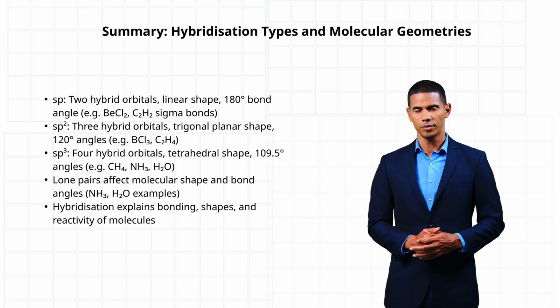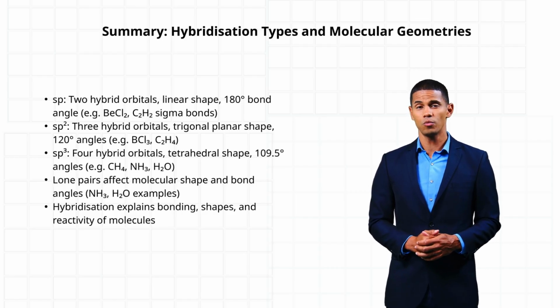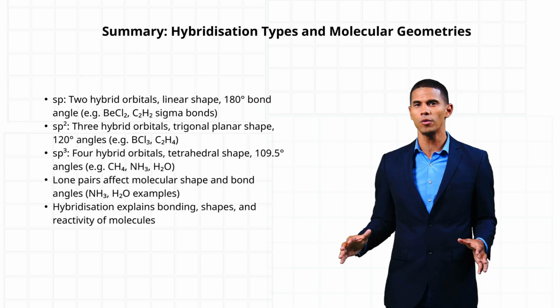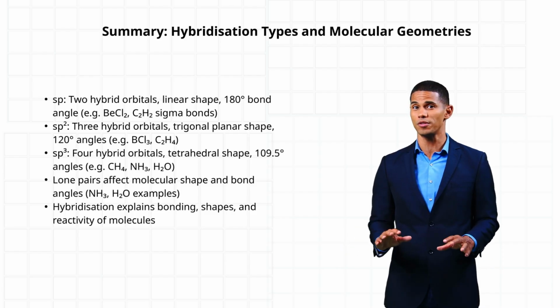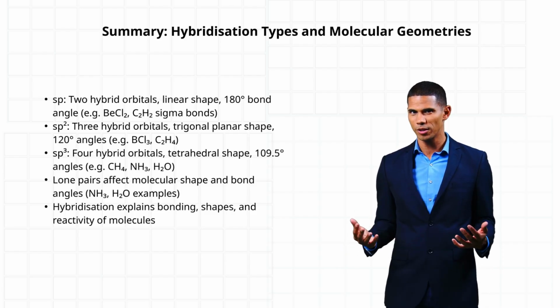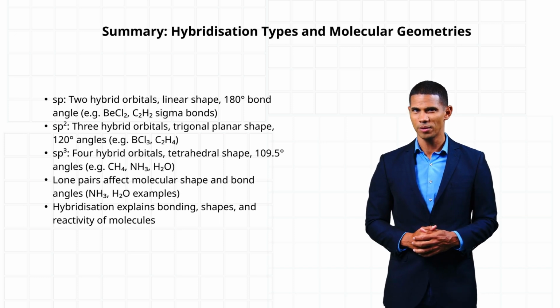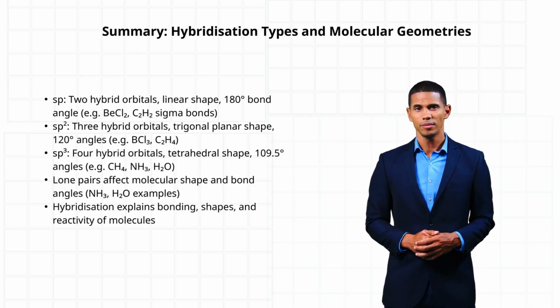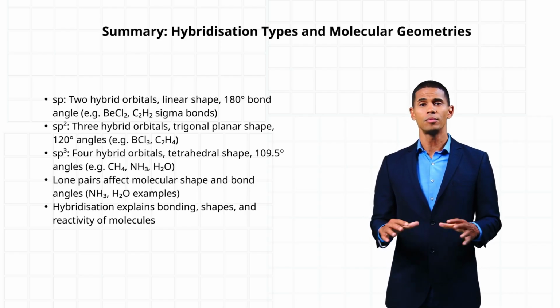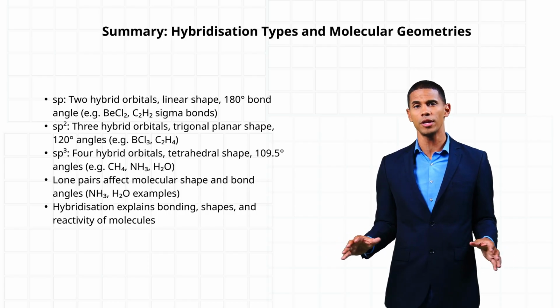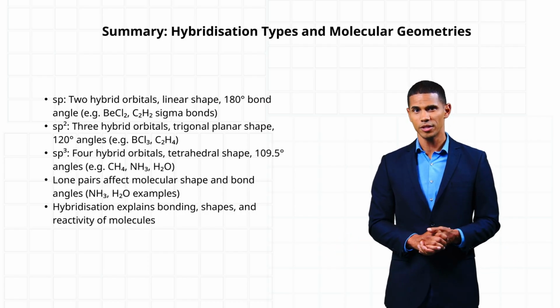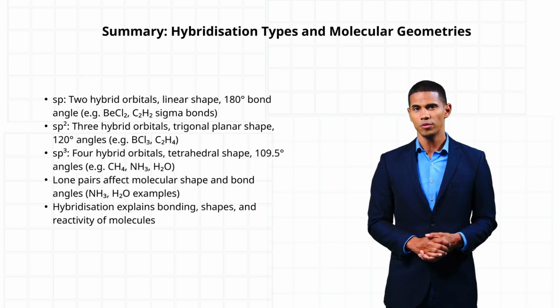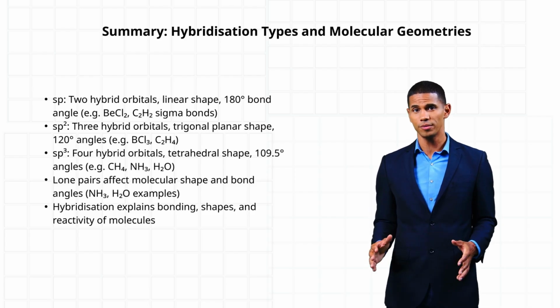Then, sp3 hybridization involves one s and three p orbitals, producing four hybrid orbitals in a tetrahedral arrangement with bond angles of 109.5 degrees. Methane, ammonia, and water molecules exhibit this type. Do remember the presence of lone pairs modifies shapes and bond angles, as seen in ammonia and water, due to stronger lone pair repulsions.